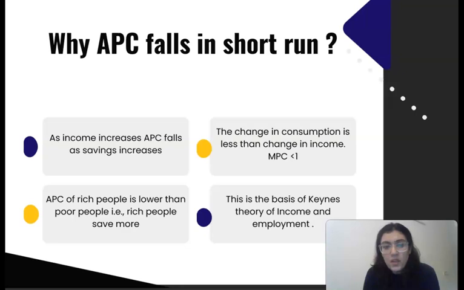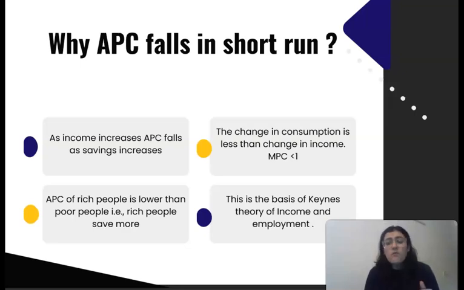APC of rich people is lower than that of poor people, because rich people obviously want to save more, as their change in income is also higher. So they will not be consuming the whole amount of income, whereas for poor people, the change in income will be lesser. So for sure, they will be spending a higher proportion of their income on consumption, and their savings will obviously be lesser.